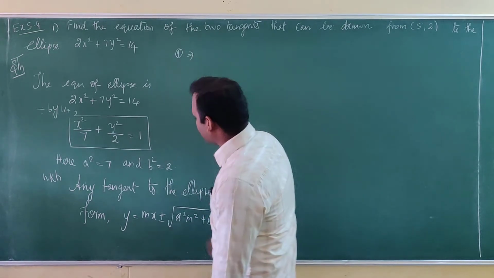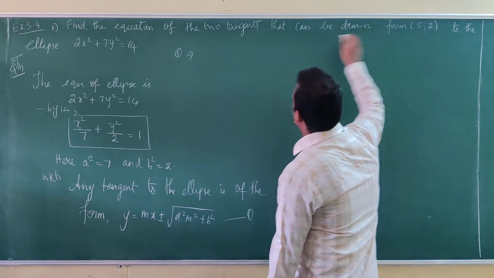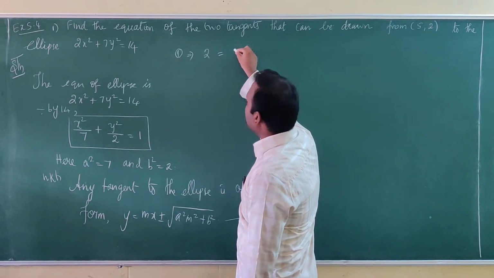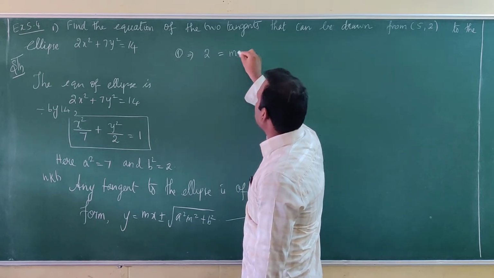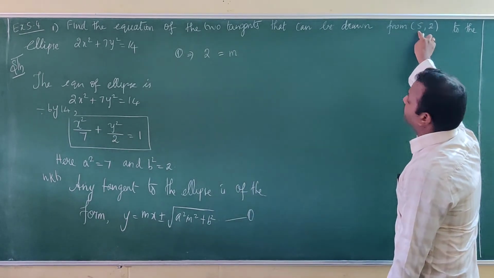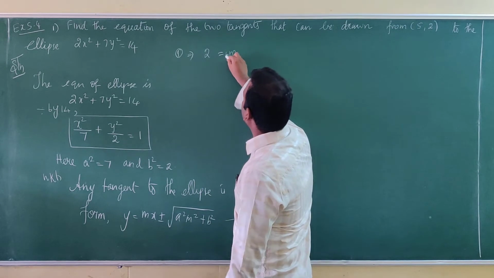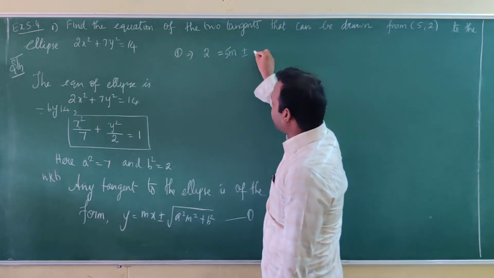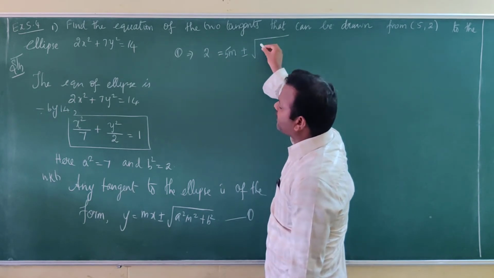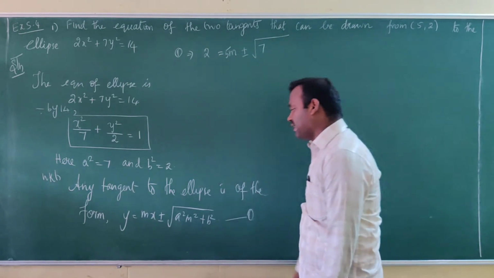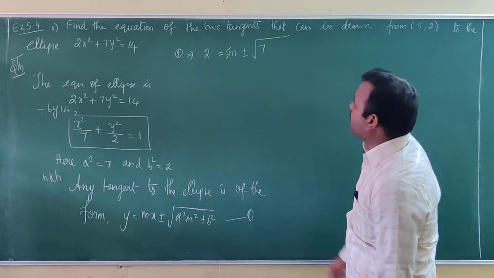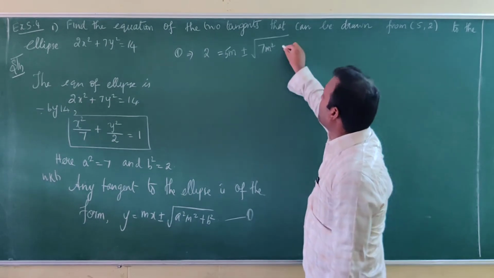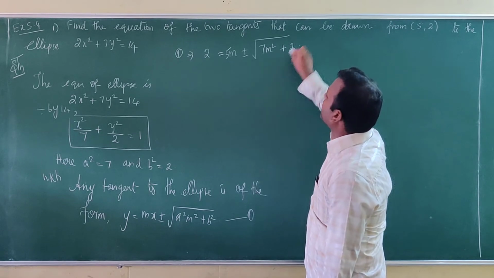So when you substitute into the first equation, what is the value of y? y is 2, which is equal to m times x. We don't know the value of m. The value of x is 5. So when you multiply m with 5, you will get 5m, plus or minus root of a², what is a²? a² is 7, and m², since we do not have the value for m, so 7m², plus the value of b², which is 2.